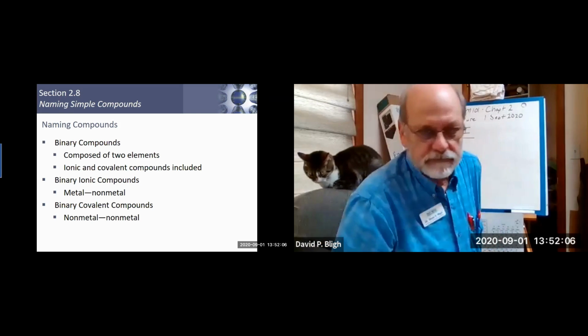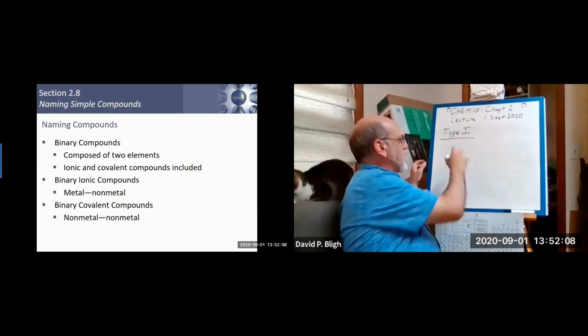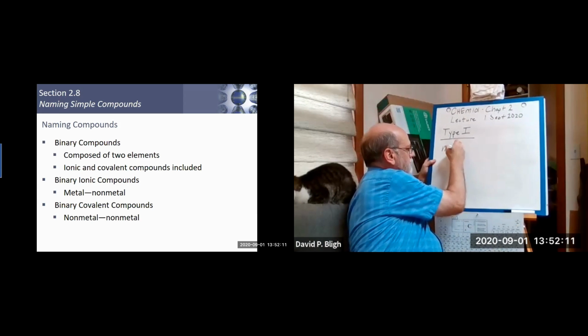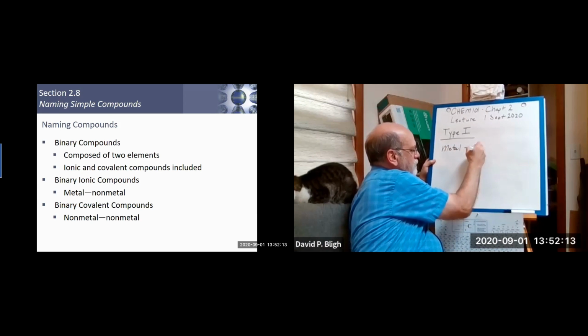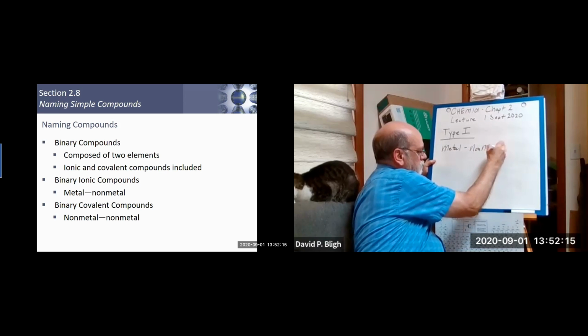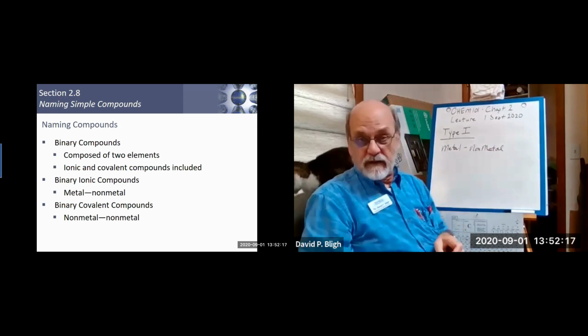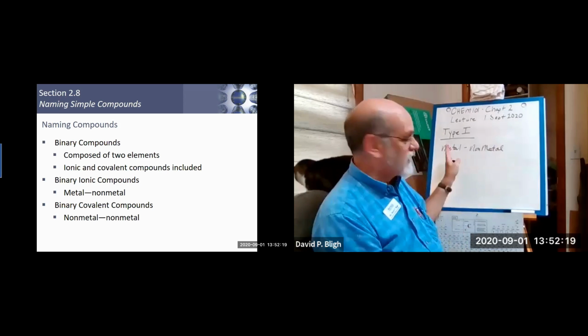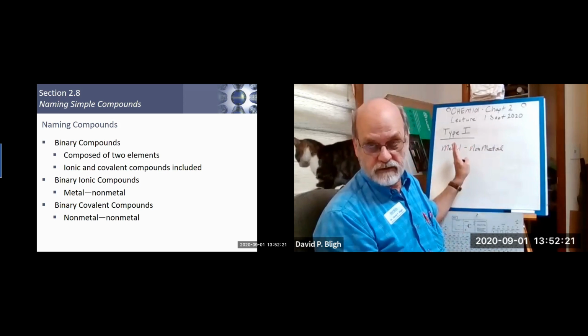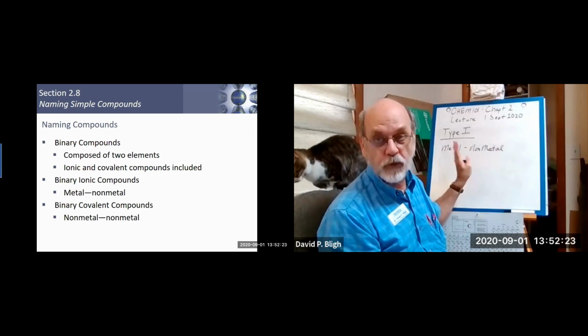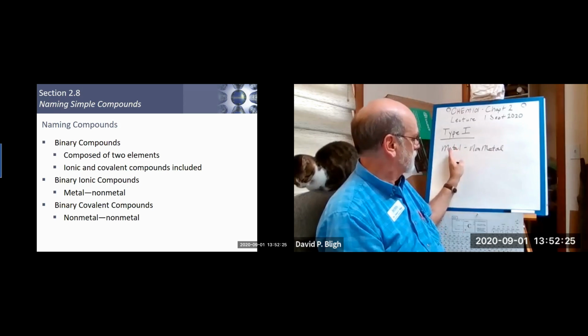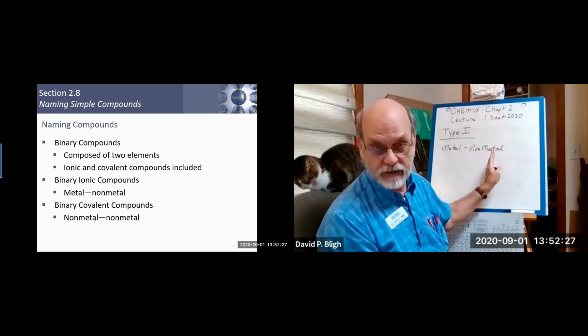Type 1 compounds are always composed of a metal and a non-metal. The metal is always first in the formula of a compound, then followed by the non-metal.